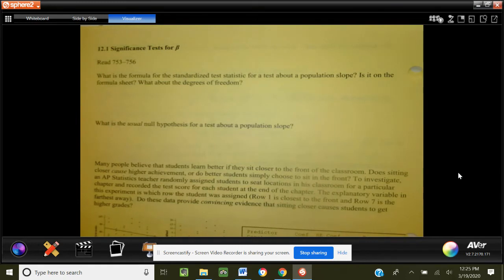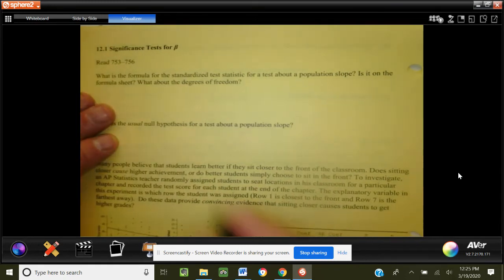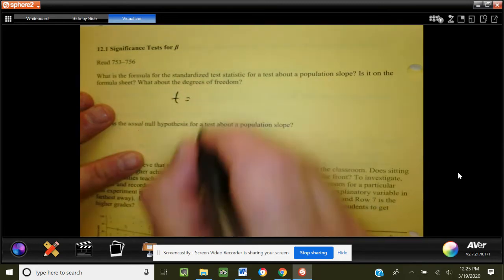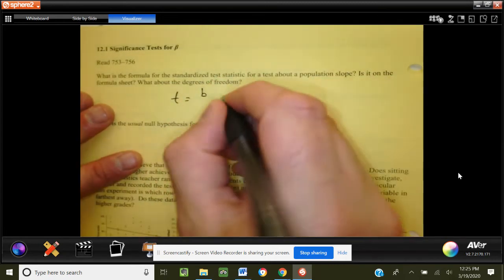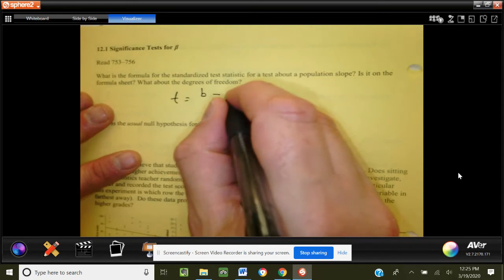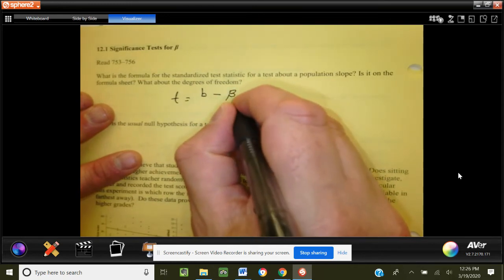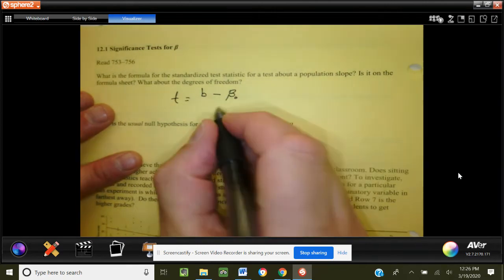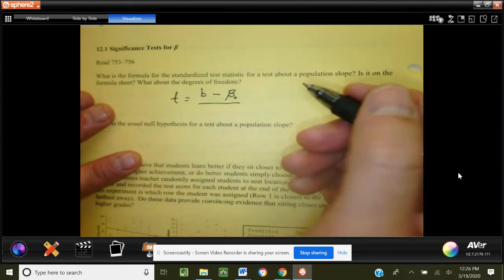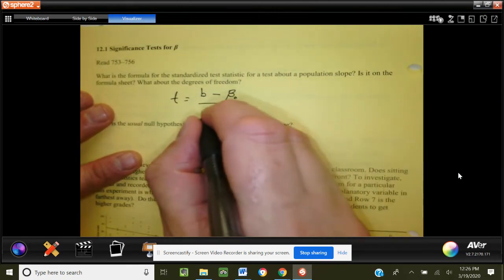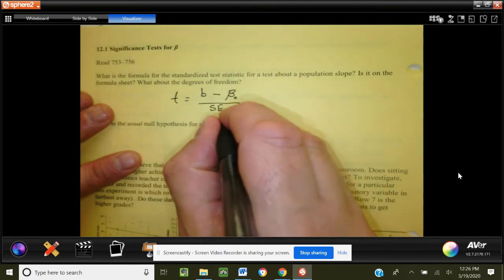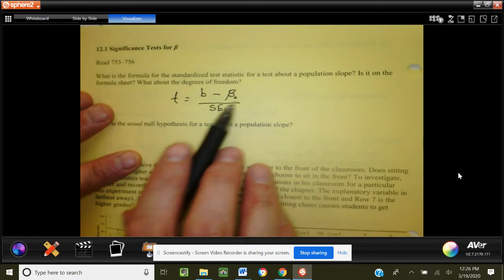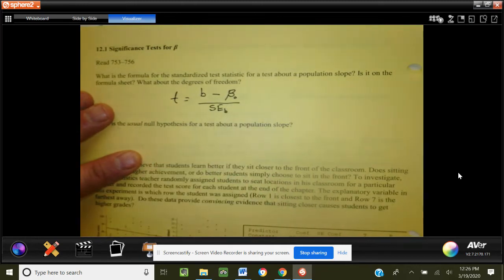The formula for the test statistic is t is equal to the sample slope minus what we're assuming the true slope to be, I'll put a little b0 here because it's going to be our null hypothesis, divided by the standard error of the slope. So value minus the mean divided by the standard deviation, right?